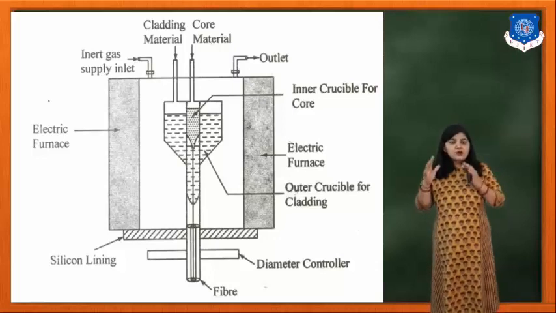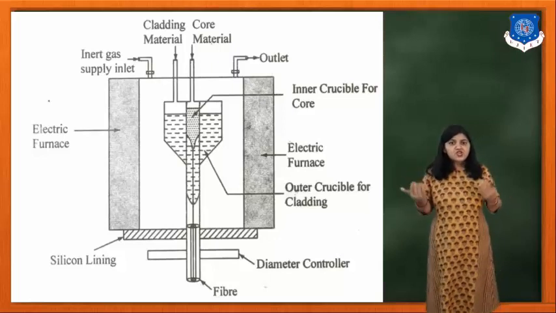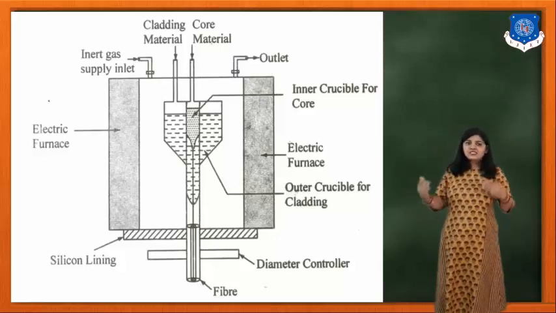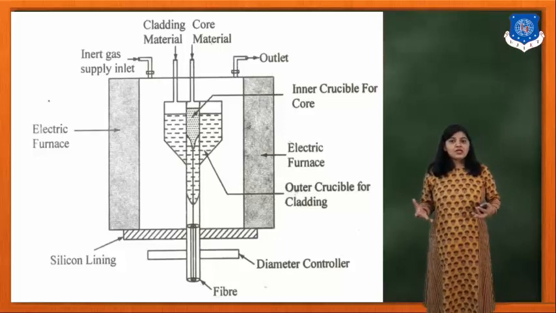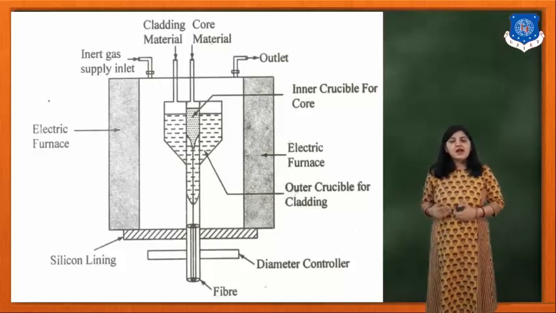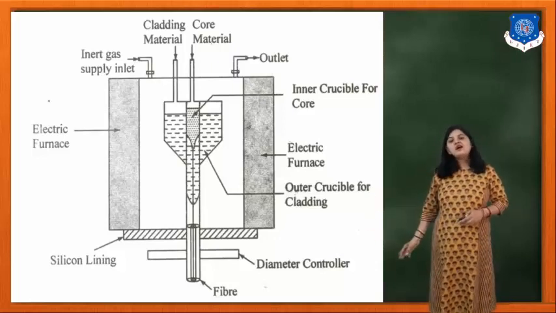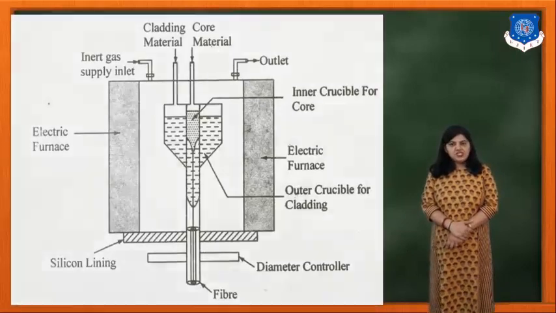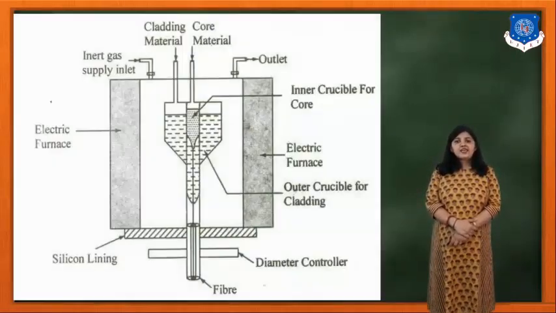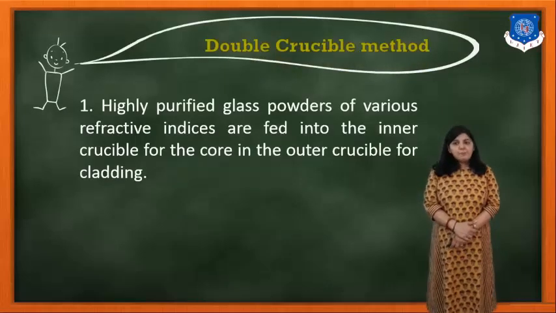Due to the temperature of this furnace, the material starts melting, and we can draw the fiber using a particular machine. This is the technique which is known as the double crucible method.